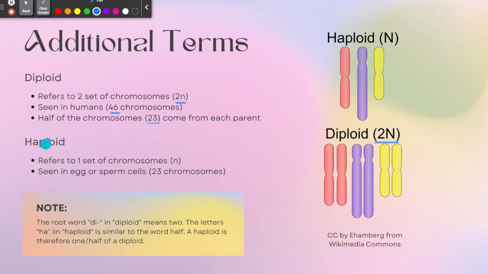Another term here is haploid, which refers to one set of chromosomes, represented by the letter N. This is seen in egg or sperm cells, in which it has 23 chromosomes. The note here says that the root word di in diploid means two. The letters ha in haploid are similar to the word half. So therefore, we could say a haploid is one half of a diploid.